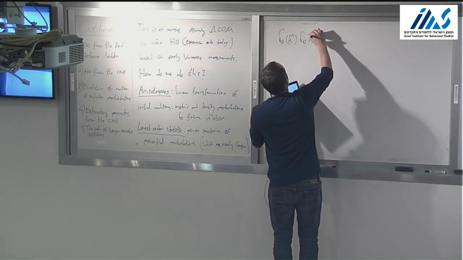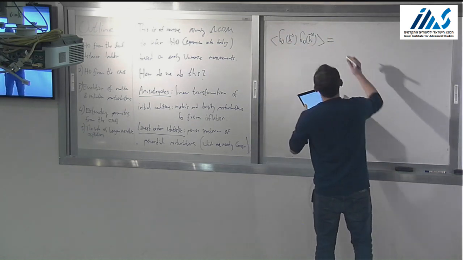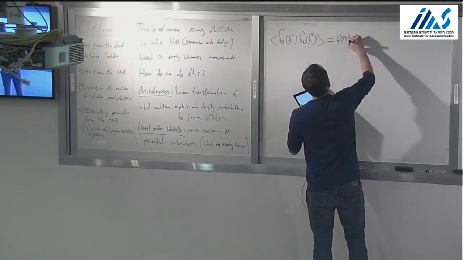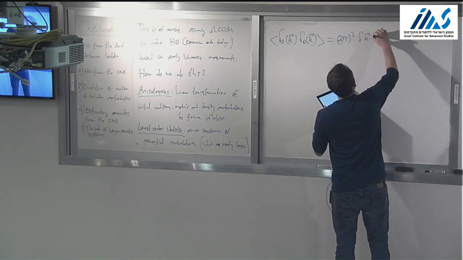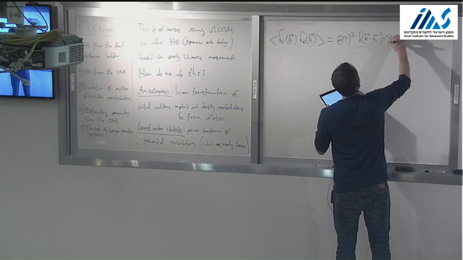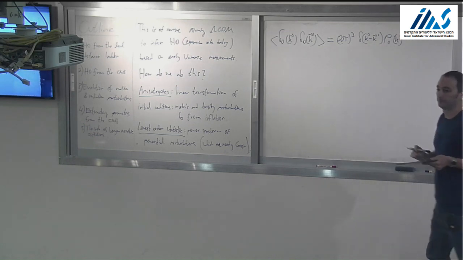So the power spectrum is the Fourier transform of the correlation, the two-point correlation function. And in Fourier space, this is it. So for a Gaussian field, this is the power spectrum.